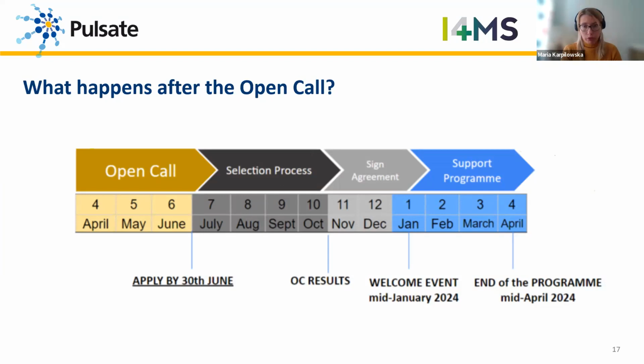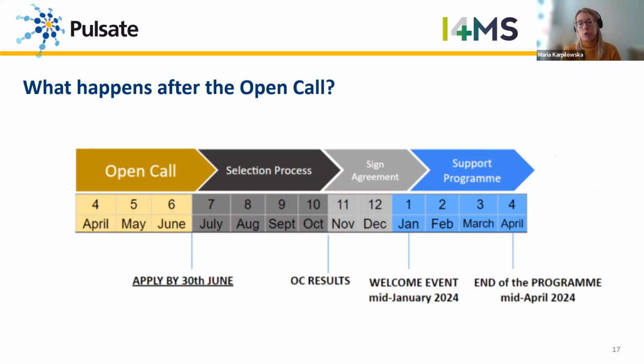That's why the final results of the open call will be known at the end of October, beginning of November 2023. Then we'll have, well, here in this graph, you can see that these are 2 months, but we know that with November, December, and Christmas period coming, practically there will be 1 month for signing the sub-grant agreement with Iman, Pulsate's coordinator. And then we are planning to kick off the support program in mid-January.